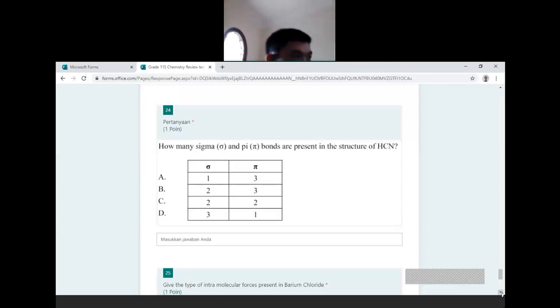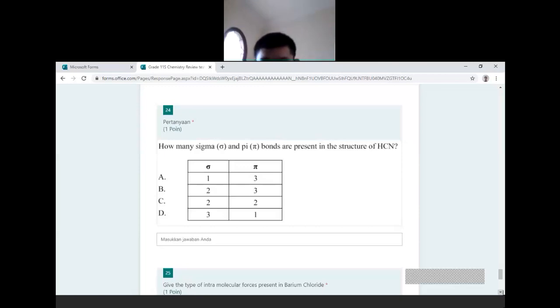The carbon atom has one single covalent bond with hydrogen, and a triple bond with nitrogen. So the sigma bonds are 2, and the pi bonds are also 2.